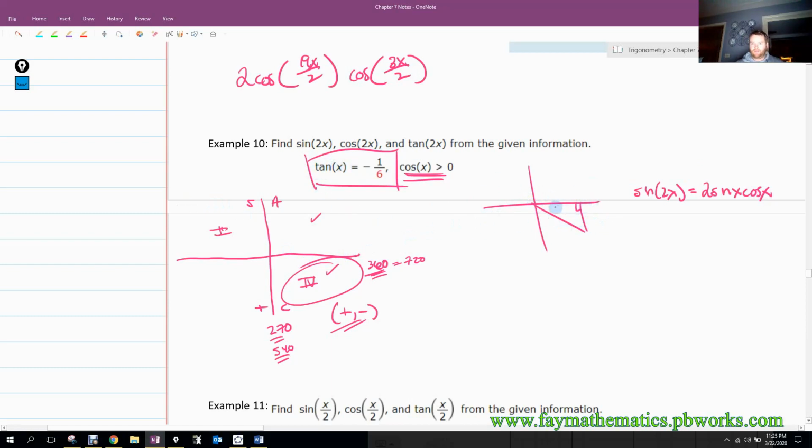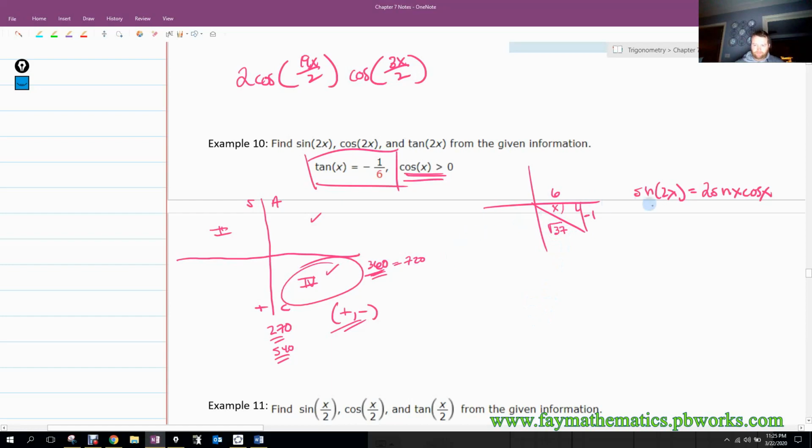Tangent, so basically here we're told that this is x. Tangent is the opposite over adjacent. And in this case, I know that that's got to be negative because that's in the fourth quadrant. So now Pythagorean theorem says 6 squared plus 1 squared. Now take the square root, it should give me that there.